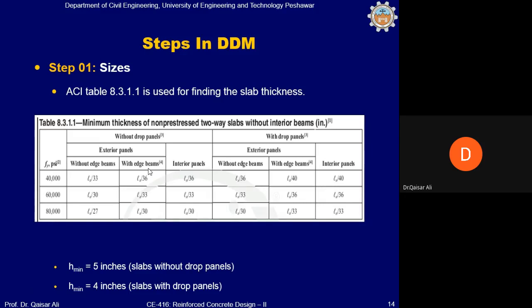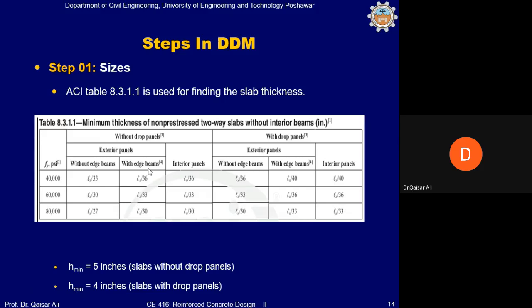So if beams are provided at the perimeter of the building, which are called edge beams, they will not restrict the overall height of the building because they are at the exterior edge, and at the exterior edge the walls will be provided, so they will not restrict the overall height. However, if they are provided somewhere interior, inside of the building, then they will restrict the overall height. So there are a lot of advantages if edge beams or perimeter beams are provided at the periphery of the building.